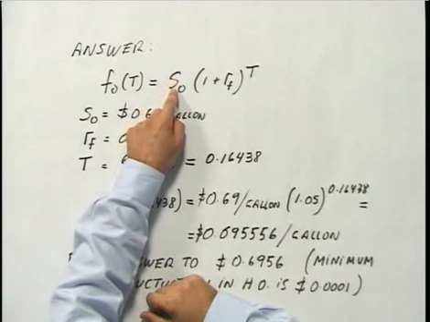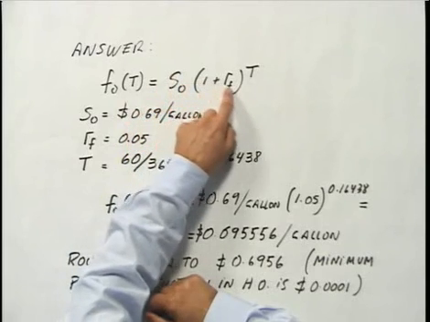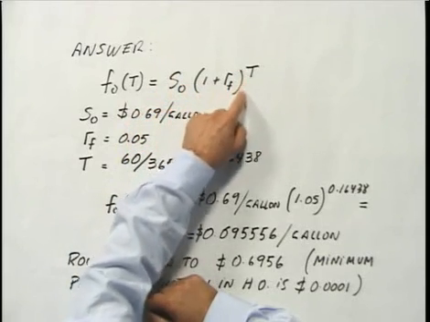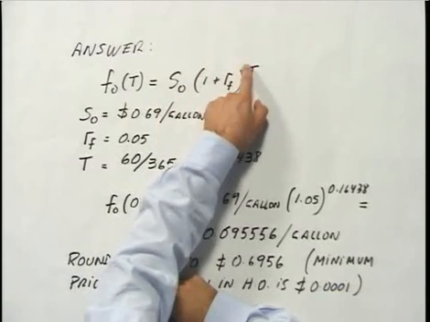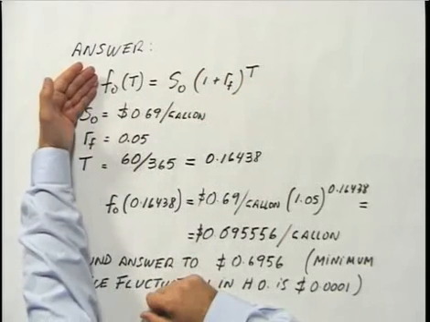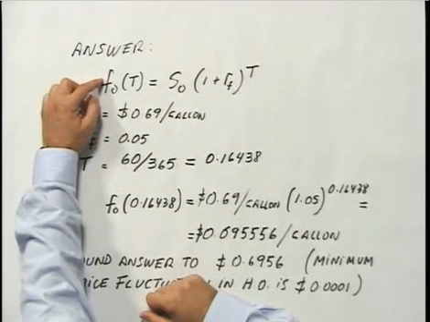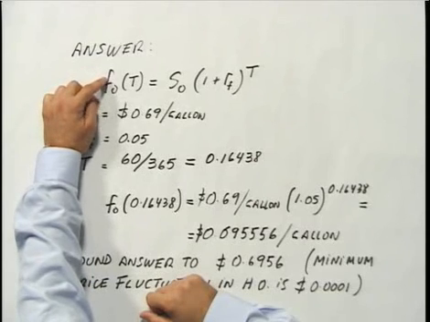You multiply the cash or spot price by 1 plus the risk-free rate, compounded to the T, which is, remember, the time to expiration expressed as a fraction of the year. So this is the formula you have to apply to find out the theoretical or fair value futures price.